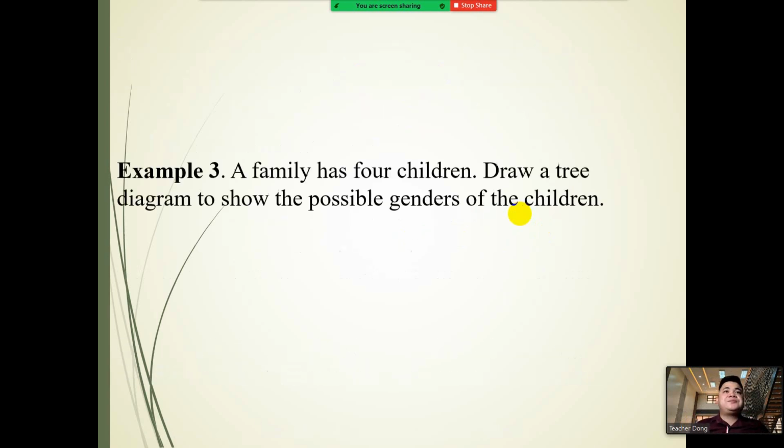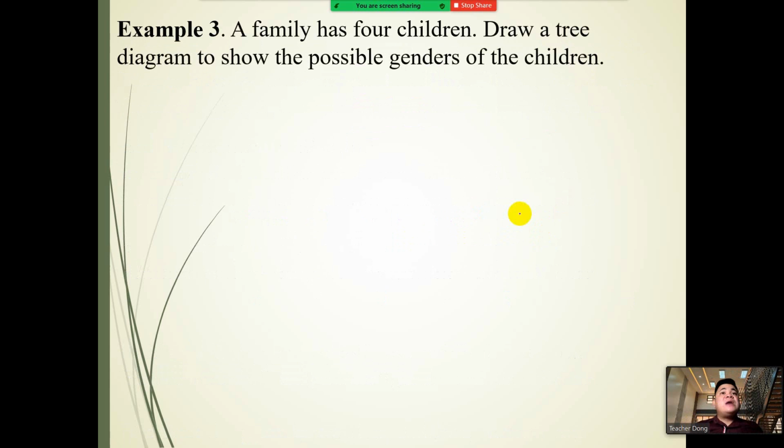Now, next, example 3. A family has 4 children. Draw a tree diagram to show the possible genders of the children. So in this case, to know the possible genders, we need to draw a tree diagram, and we are required to do that. So just remember, before you start, you can actually visualize how many possible outcomes there are so that you will be guided in drawing the tree diagram.